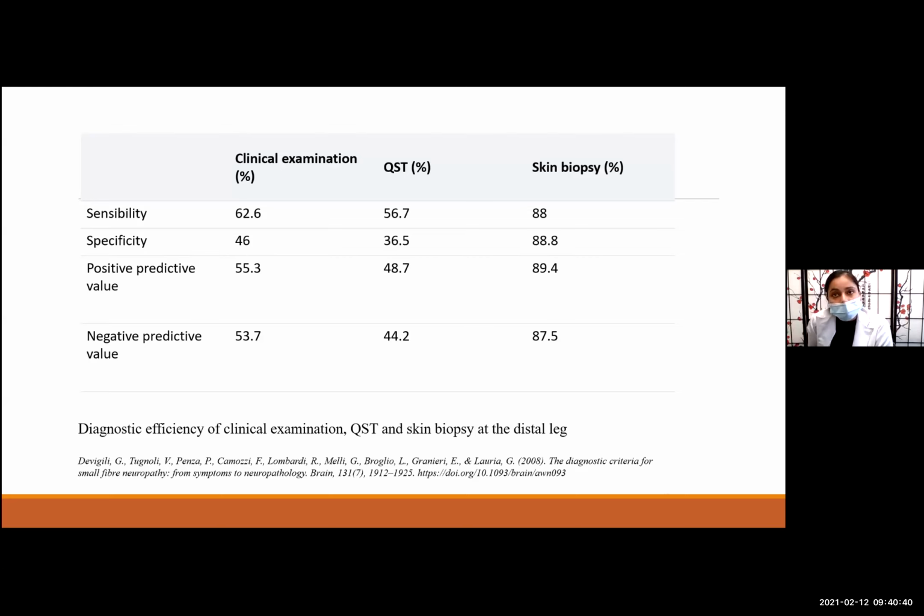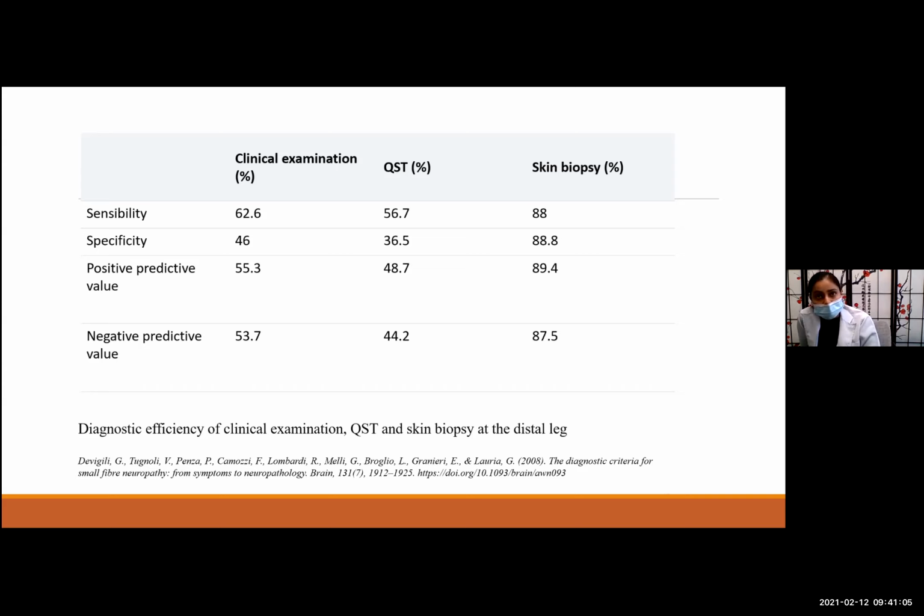So this is a study done to differentiate the different modalities, the diagnostic efficiency of the different studies, and collectively how sensitive they are in identifying small fiber neuropathy. Clinical examination, as you can see, has a specificity of 46%.